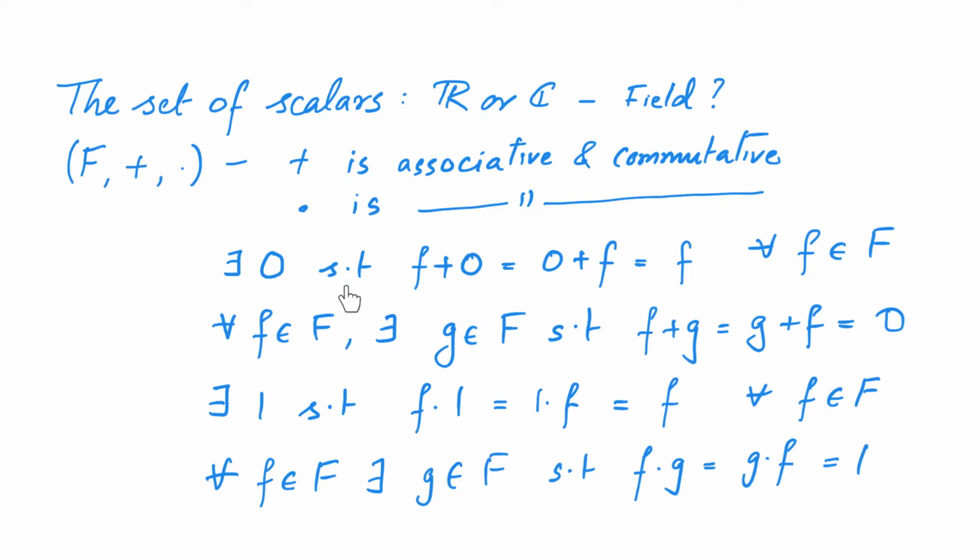The first property is called the existence of the additive identity. 0 is called the additive identity. And the second property is called existence of additive inverse.